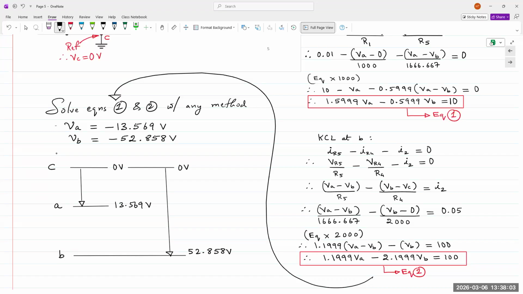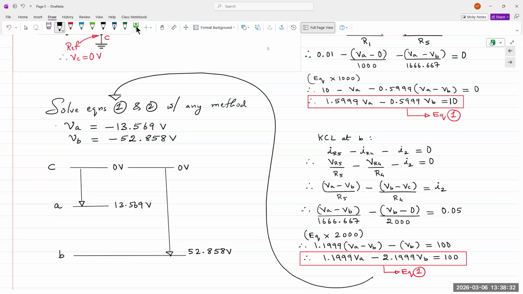Your values for node voltages would be different, but your resistor voltages and your resistor currents would not change. Again, remember, node voltages are always with respect to a particular node in the circuit, right? The actual voltage across a resistor and the actual current through a resistor will always turn out to be the same, no matter what you choose as your reference node.